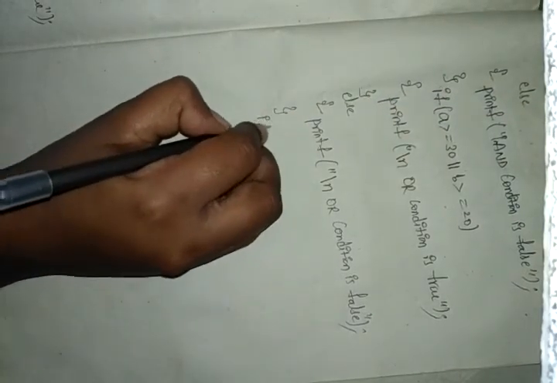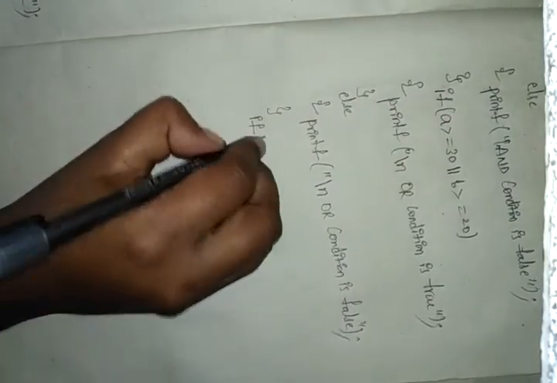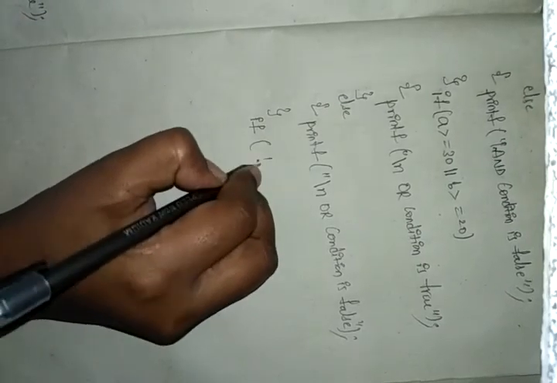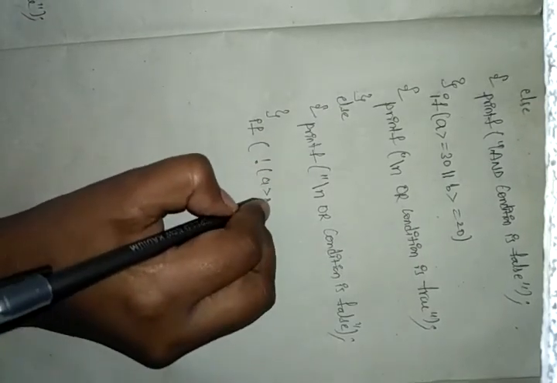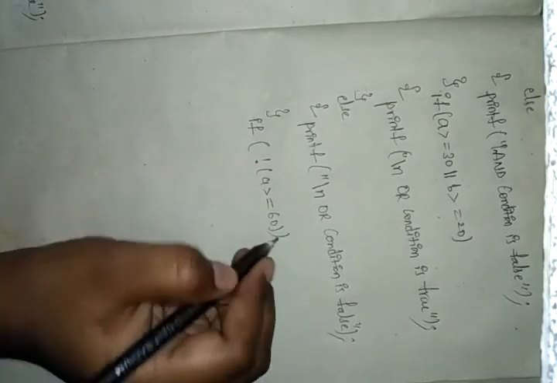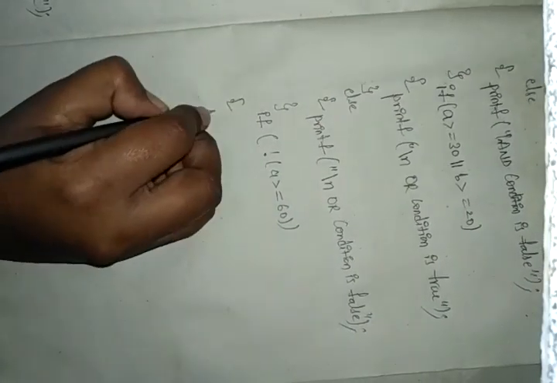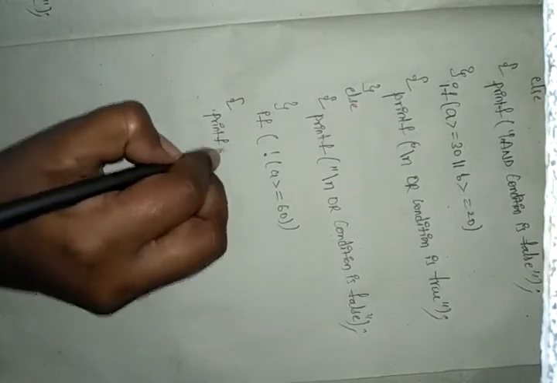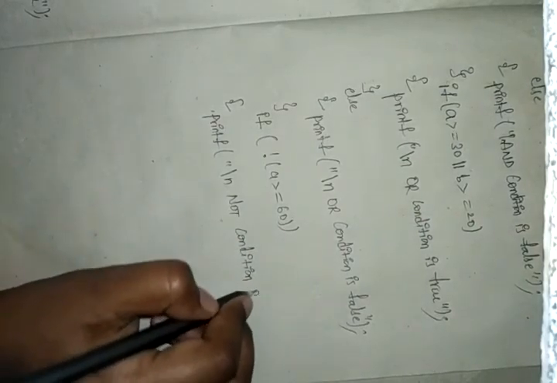Again you can start with the not operator. If not a greater than or equals to 60, you can display for that printf slash n, not condition is true. Close this one.